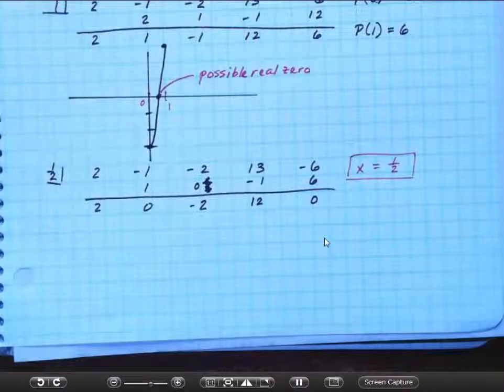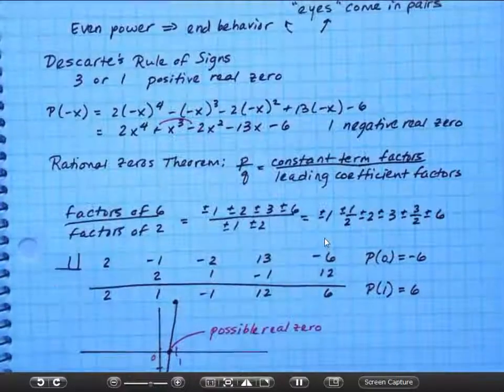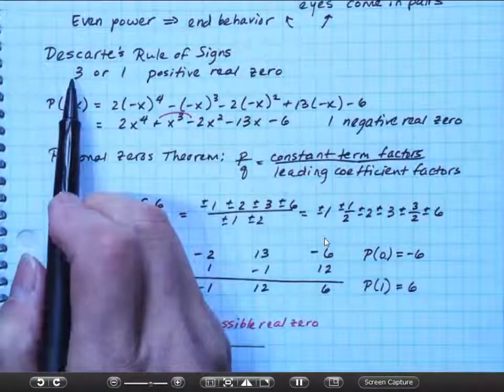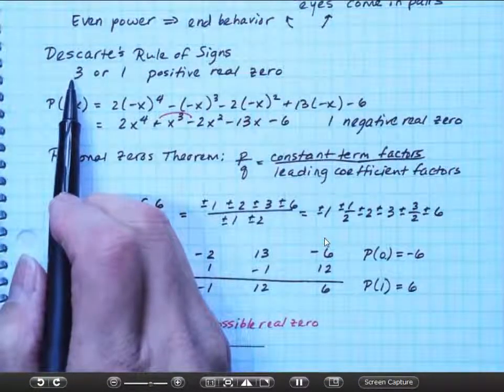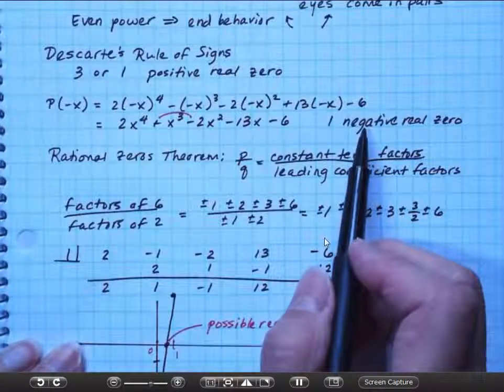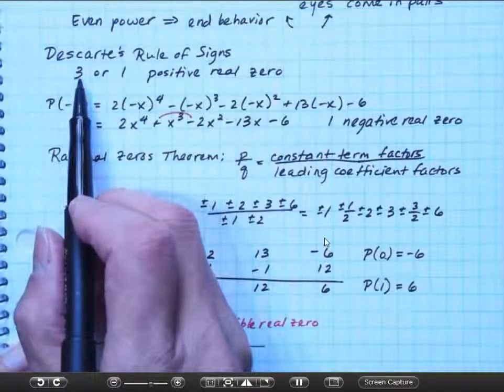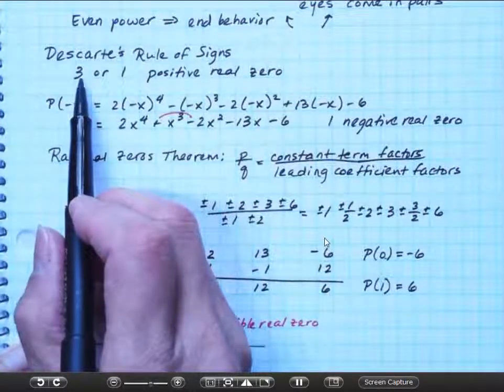So now I can either continue in a positive direction, looking for zeros, because I have a possibility of having 3 of them, or I can look in the negative direction. Well, remember, there's only a possibility of having 2 more positive real zeros. There's also a possibility that I have 2 imaginary zeros.